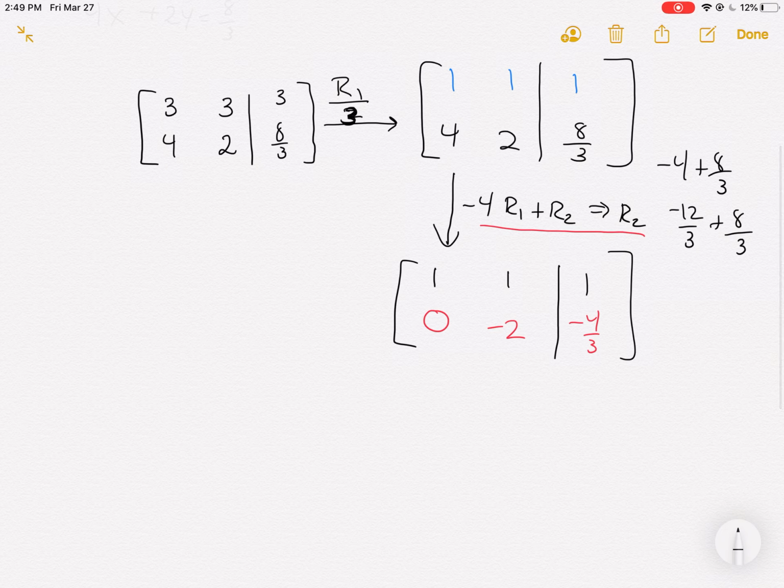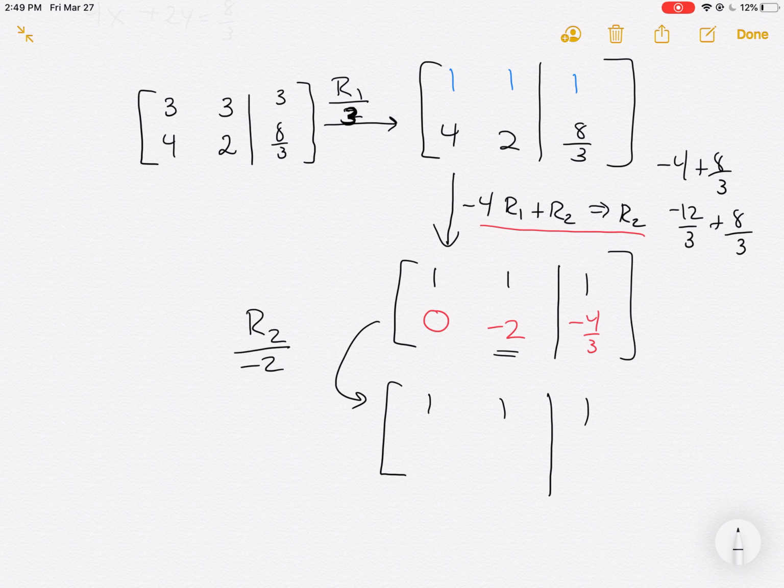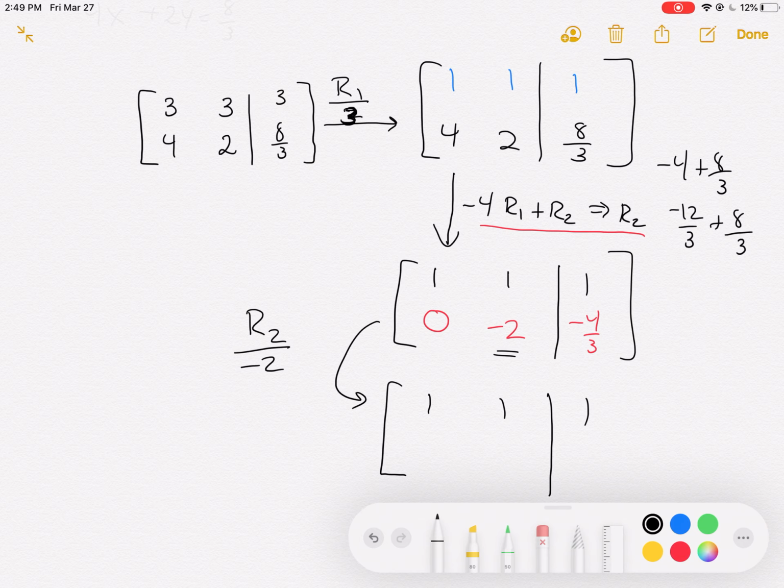So we're almost done with getting it into row echelon form. The problem is this -2, easily taken care of. We'll leave that top row alone because that has the 1 where we want it. But what are we going to do from here to here? We're going to take that row 2 and divide it by -2. So I'll do that in green now, just to keep using different colors if I can.